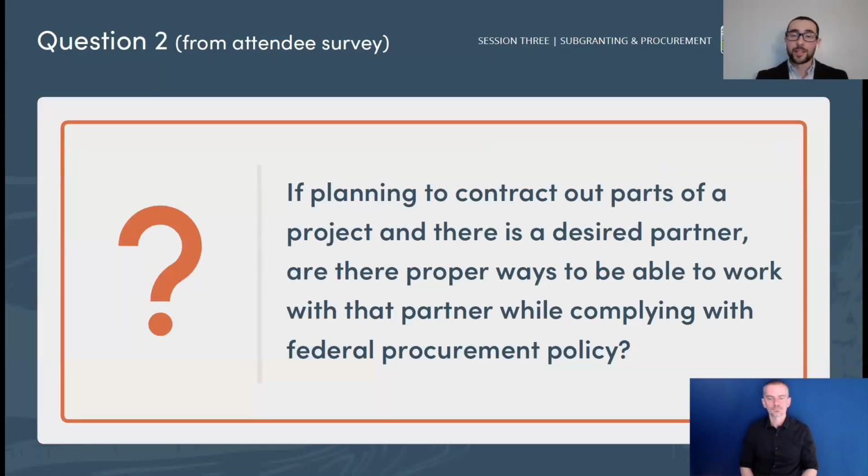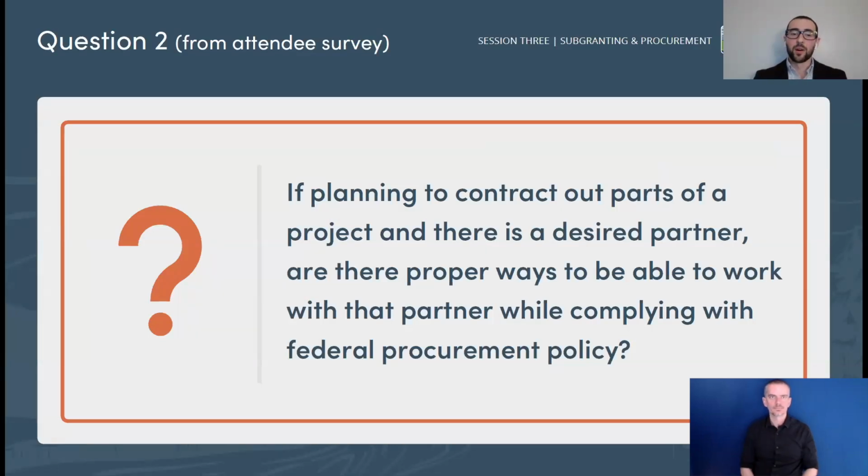Okay, so we did get a question from the attendee survey that we sent out before the session. The question was, if you're planning to contract out parts of a project and there's a desired partner, are there ways to be able to work with that partner while still complying with federal procurement policy?